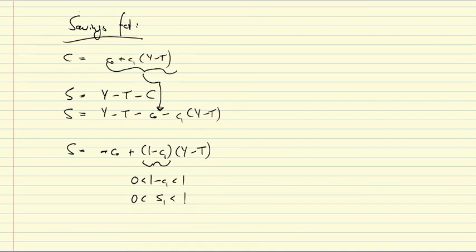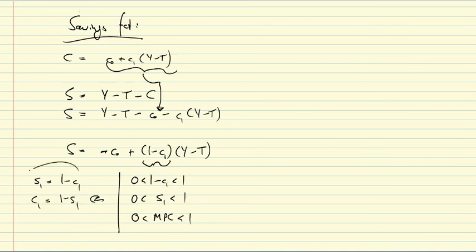The marginal propensity to save is, of course, 1 less the marginal propensity to consume. Right? So we can write S1 is equal to 1 minus C1, or C1 is equal to 1 minus S1. The marginal propensity to consume is equal to 1 minus the marginal propensity to save.